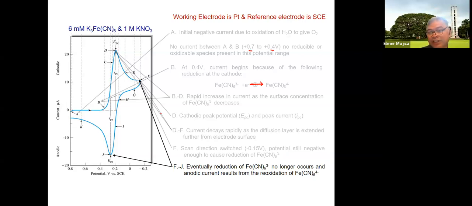Reduction doesn't occur, and what happens now is oxidation is the one taking place. So this one will be oxidized to give you the previous electroactive species. That is a good way to tell you that your material can undergo a redox reaction.